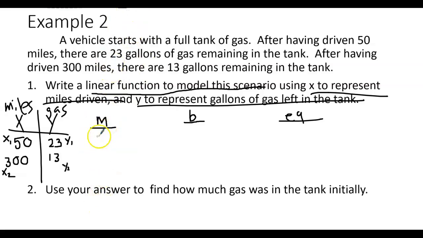Try that again. y2 is 13 minus y1 is 23, over x2 minus x1. There we go. And so 13 take away 23 is negative 10. 300 take away 50 is 250. And that reduces to be negative 1/25.